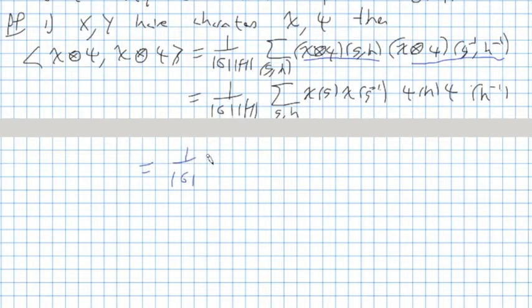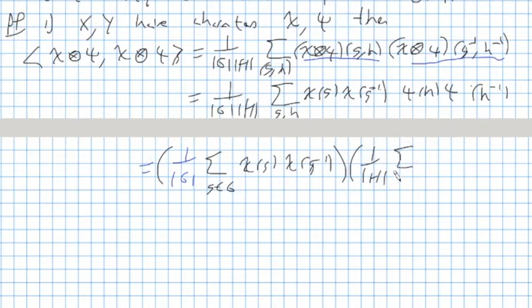I can first sum over g. I'm going to have the character chi of g and the character of g inverse, and I can have 1 over the size of h, and I sum over the elements of h, and I get psi of h inverse.